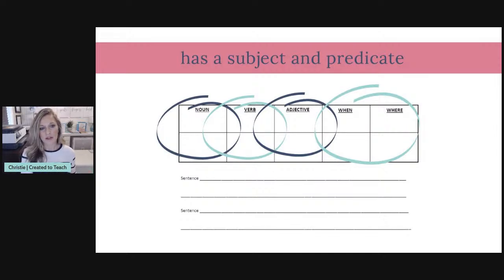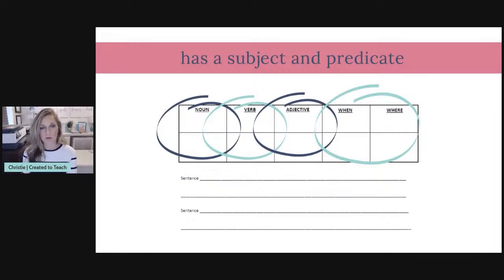So I circled there the noun and the adjective. So for example, if I have a sentence that says the blue ball, okay, that's the what that I'm talking about. Or the little girl, that's the who I'm talking about. That's the subject.